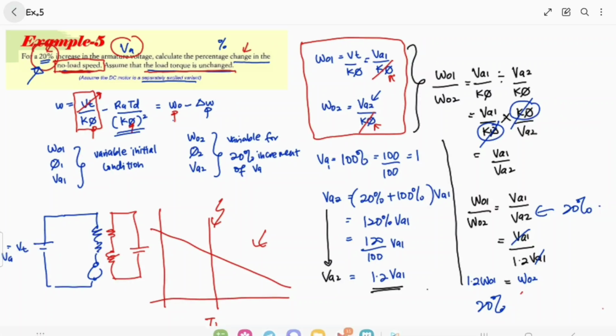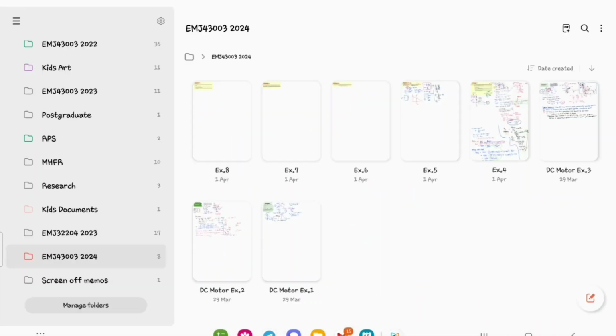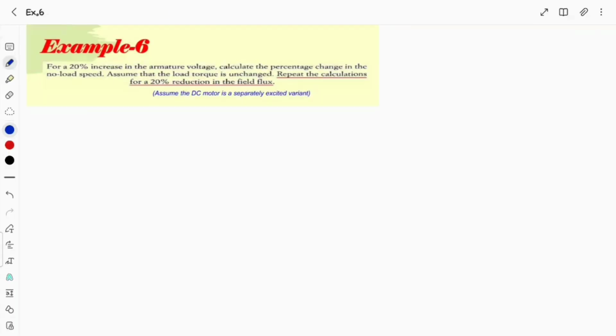Now let's go for example 6. Just extending the example 5 question, for 20% increment in the armature voltage, previously for example 5, calculate the percentage change in the no load speed. But for example 6, it extends the requirement: assume that the load torque is unchanged. Repeat this calculation for a 20% reduction in the field flux.